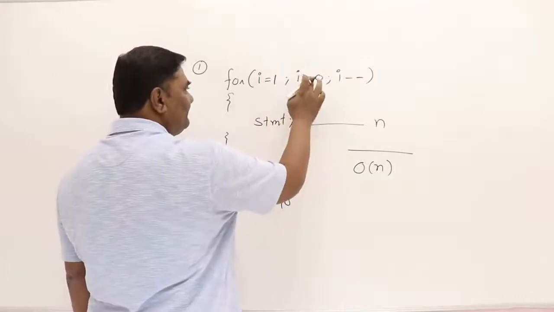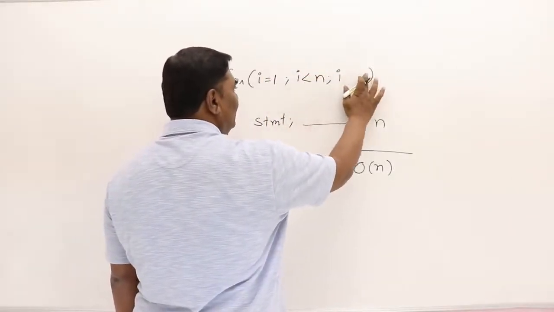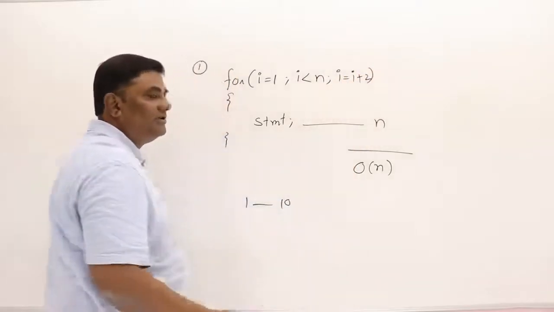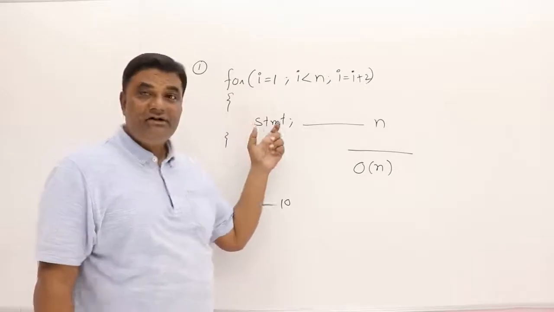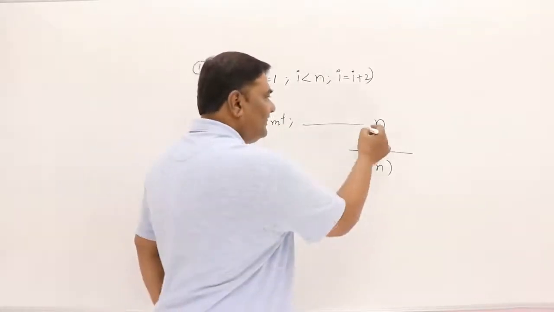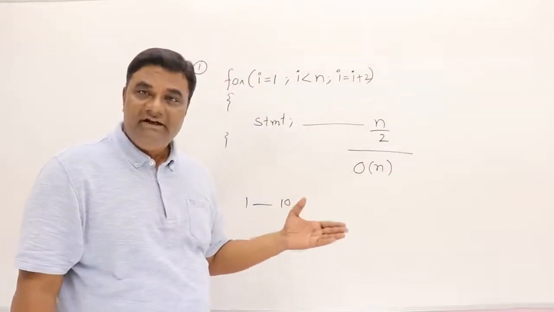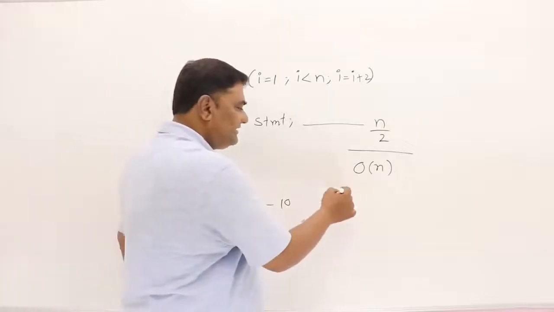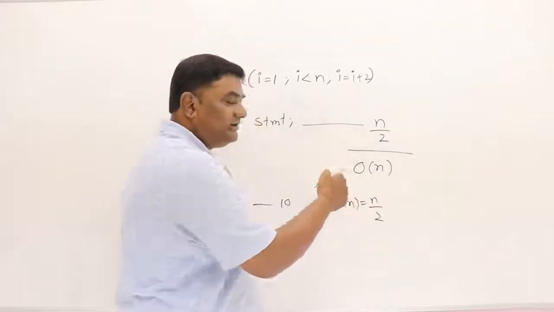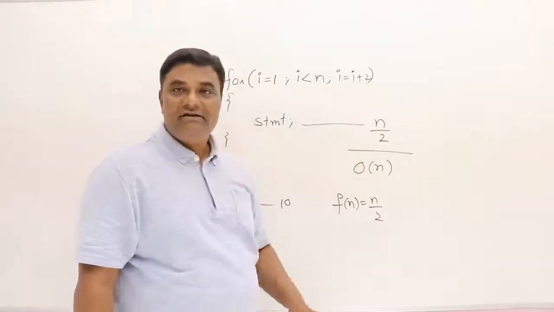If this is starting from 1 and the condition is less than n and i is being incremented by 2, this statement will not repeat for n times but half of the n times, n by 2. If the function is n by 2, what is the degree of the polynomial? n only, so it's order of n again.